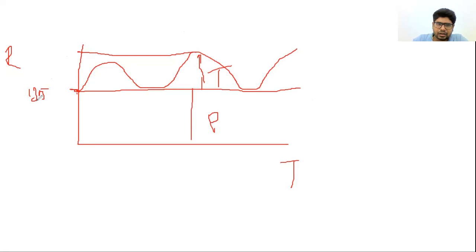So 135 plus 990 is 1125, right? So set the difference here.